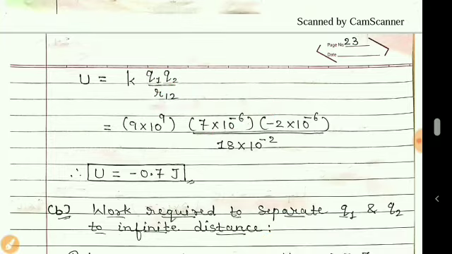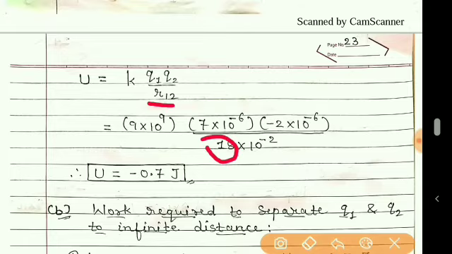While the distance r12 is 18 centimeter, and so we need to convert this centimeter to meter, and so here 10 raised to minus 2 is multiplied, so that the centimeter gets converted to meter.